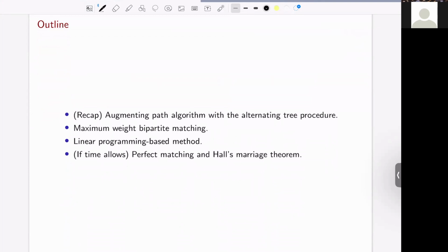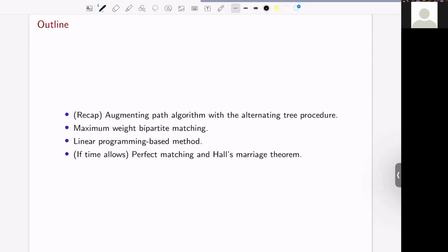All right. So we're going to quickly review the things that we talked about yesterday. Yesterday we focused on maximizing the number of edges in a matching, right? But today we'll look at something different in the sense that edges have different weights. So not all edges are equal. Some edges are more important than others, so we want to consider that variant.